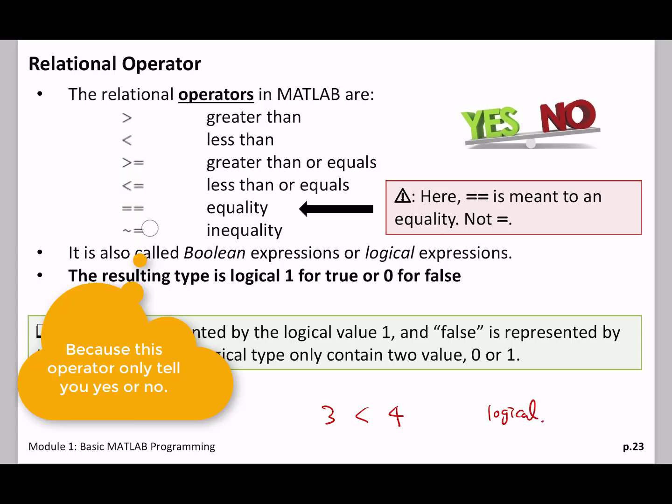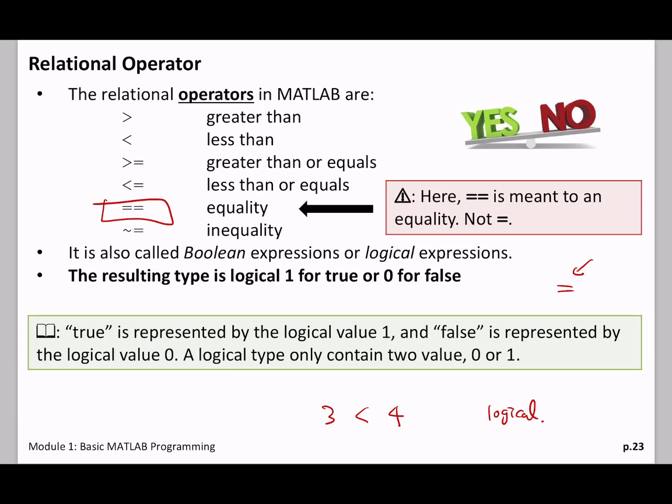Also here, this is the equality. This is not equality in MATLAB. This is equality. Okay. For instance, if you run this script, what is the answer? False, right? Or a logical 0.